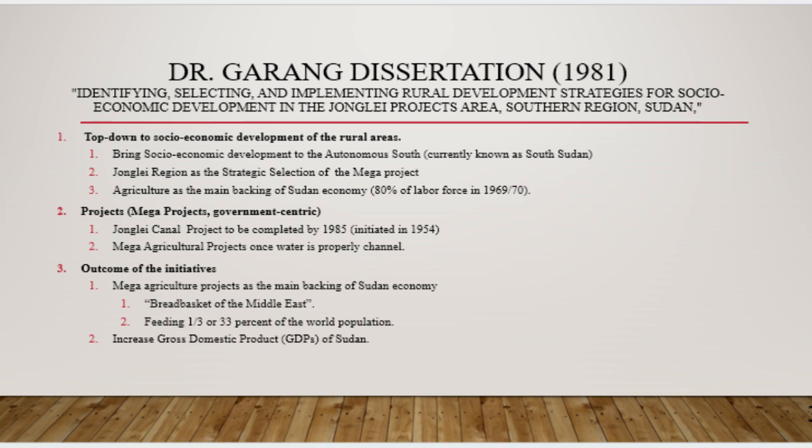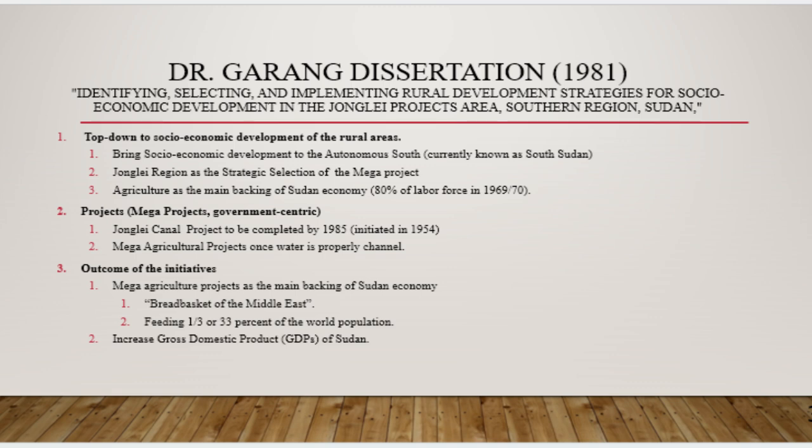And then the outcome of that was the mega agriculture projects being a strong backing for the Sudan economy and serving as a breadbasket for the Middle East and feeding 1/3 of the world population. That's the capacity it has, and then increasing the GDP for Sudan.